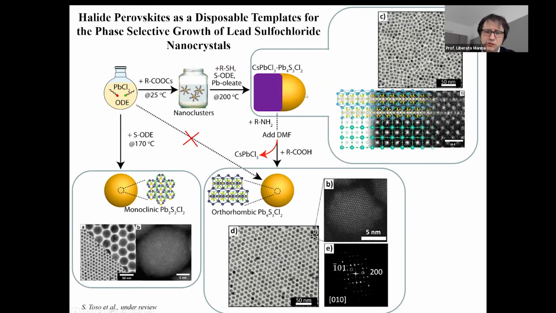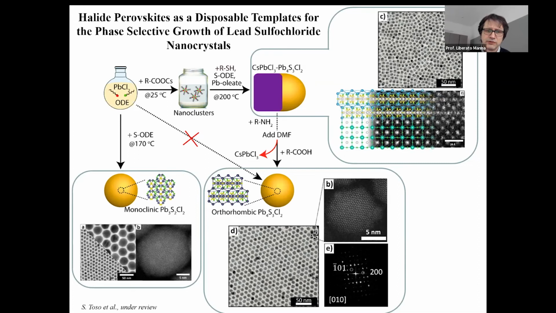Now what you can do is take this heterostructure, completely dissolve the perovskite domain, and end up with the chalco halide domain in the form of isolated nanocrystals in an orthorhombic phase, which you couldn't get by direct synthesis. So what we are showing here is the exploitation of the lability of the perovskite to act as a template for the phase selective synthesis of material.